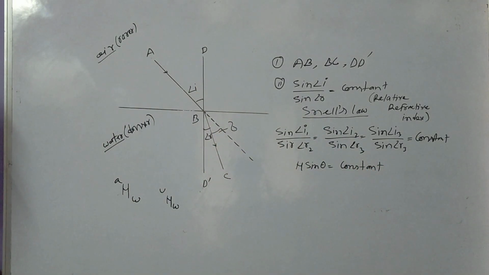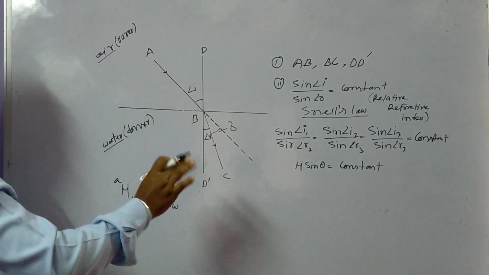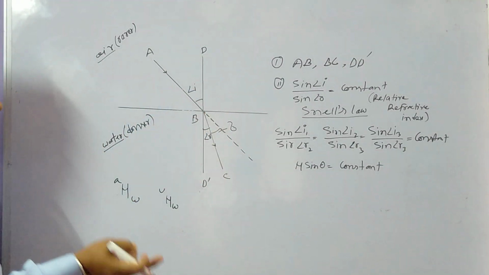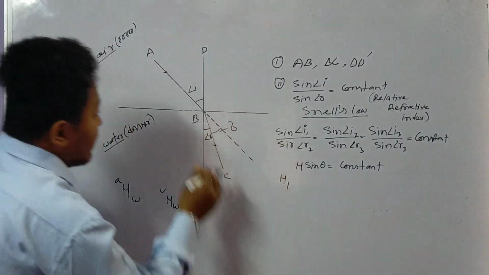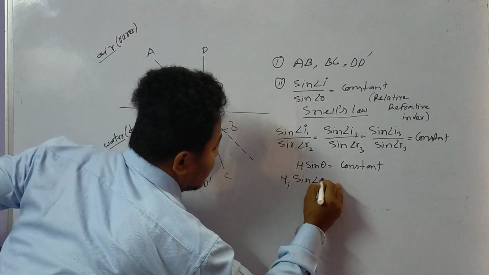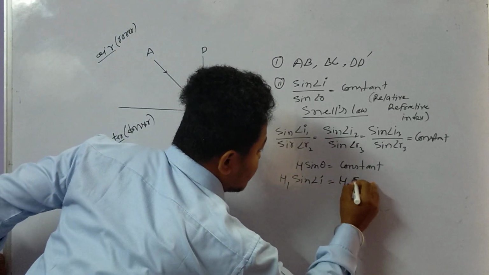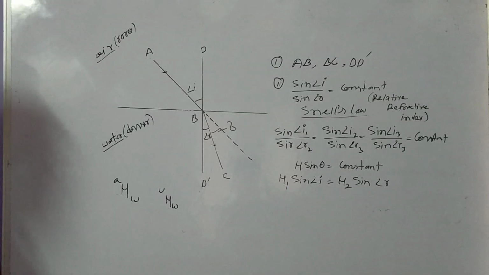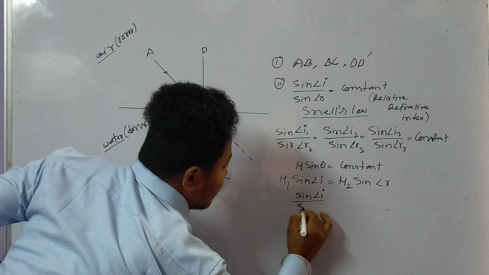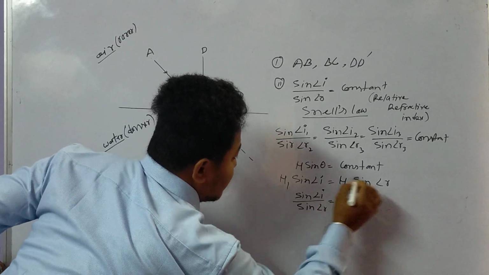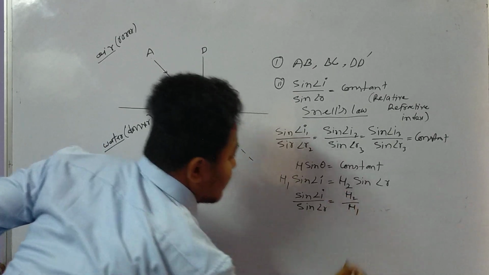Then, if I consider the refractive index to be mu1 in the first medium and mu2 in the water medium, I can write mu1 sine of I is equal to mu2 sine of angle R. So if I take the ratio, sine of I by sine of R is equal to mu2 by mu1.